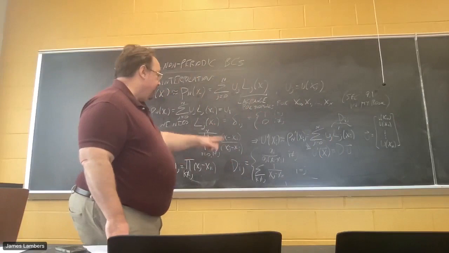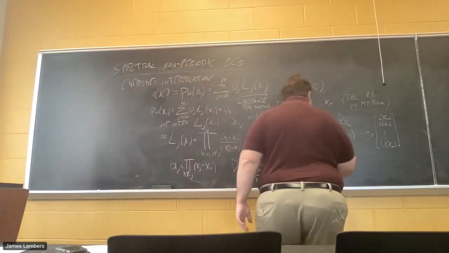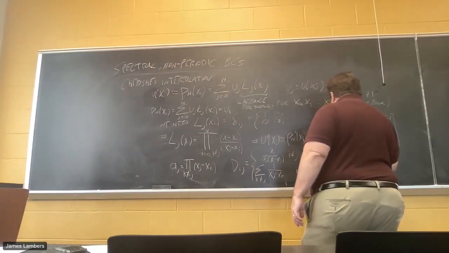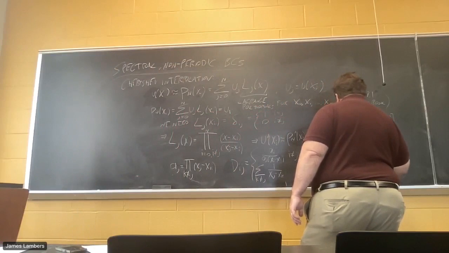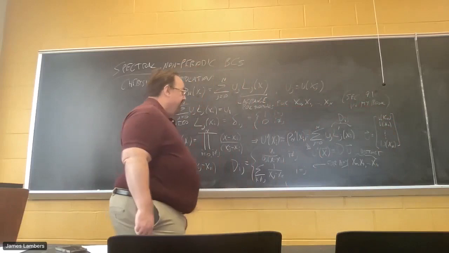I should mention that these formulas for a differentiation matrix are valid for any choice of interpolation points, as long as they're distinct, because that had to be true for Lagrange interpolation anyway.